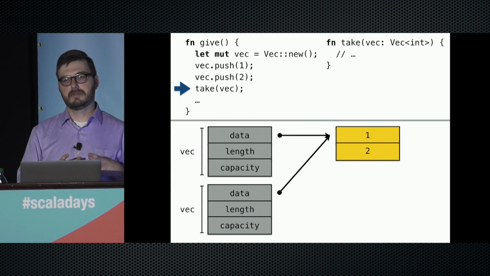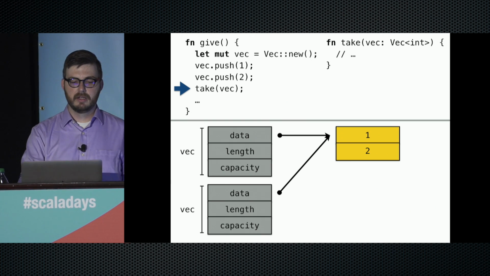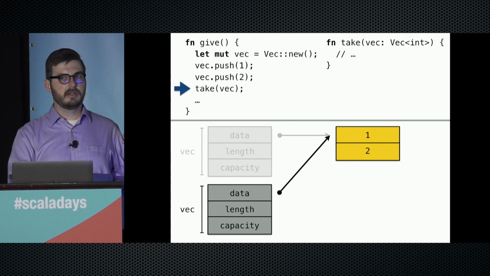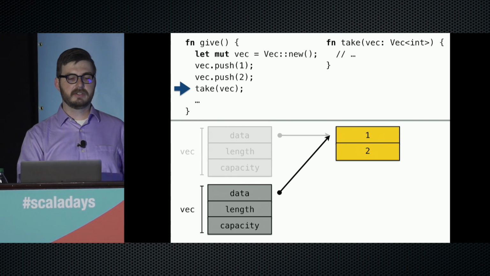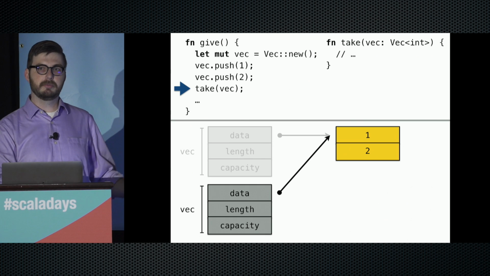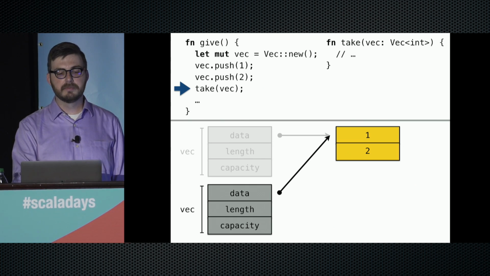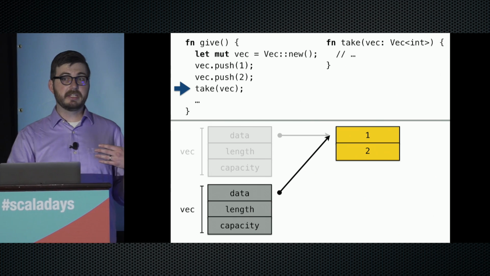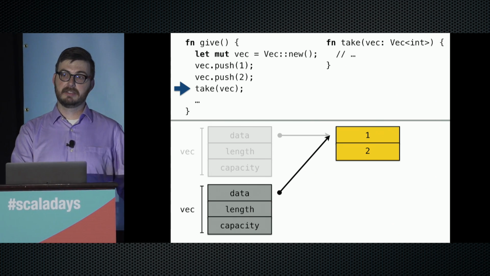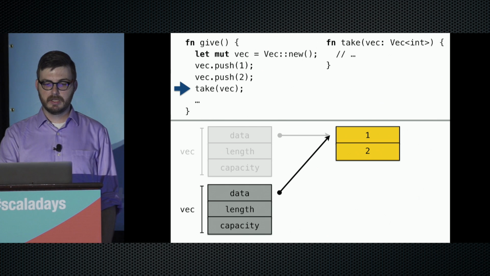And that represents sort of the full ownership of the vector. The original copy of the vector on the stack is now unusable. Its ownership has been transferred. It's just a stale bit of data. But notice, of course, we didn't copy the vector contents itself, just the metadata.